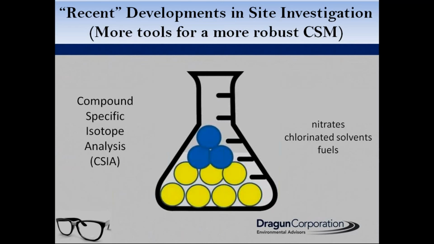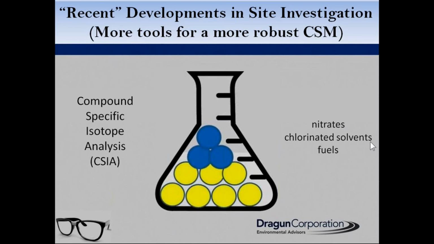And finally, I'm going to talk quickly about compound-specific isotope analysis. Before, when I was talking about isotopes, I was looking at water. Here, I'm looking at chemicals dissolved in water. So we could look at things like nitrates, and determine whether the nitrates are organic or inorganic, meaning from fertilizer or from, say, livestock.